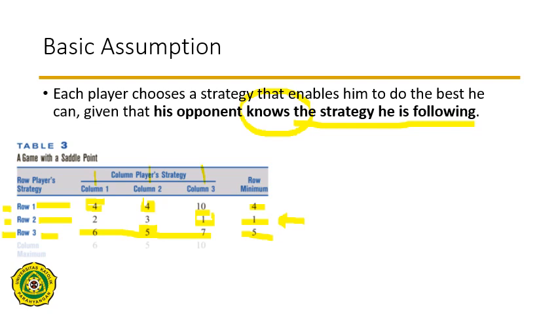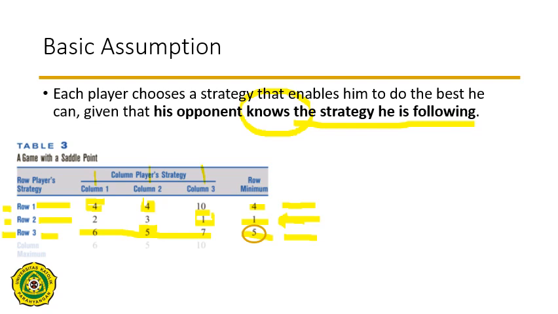Assuming the column player knows these 3 possible strategies that the row player is going to play, the optimal strategy for the row player is to pick the third strategy. Among all strategies, the column player tries to minimize the reward for the row player.